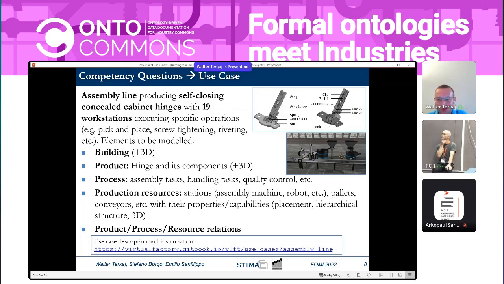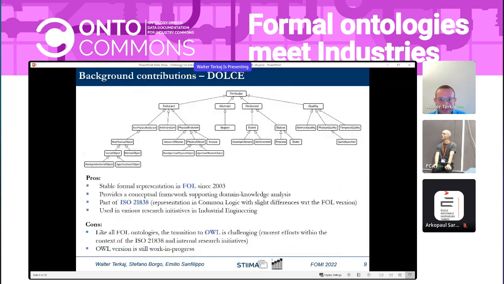Maybe you also built by yourself these kinds of pieces of furniture. And the description of this use case can also be found online. You see the links in some of our slides. And the description, of course, relates to the building products, processes, machine tools and robots, and in particular, the relations between all these assets.